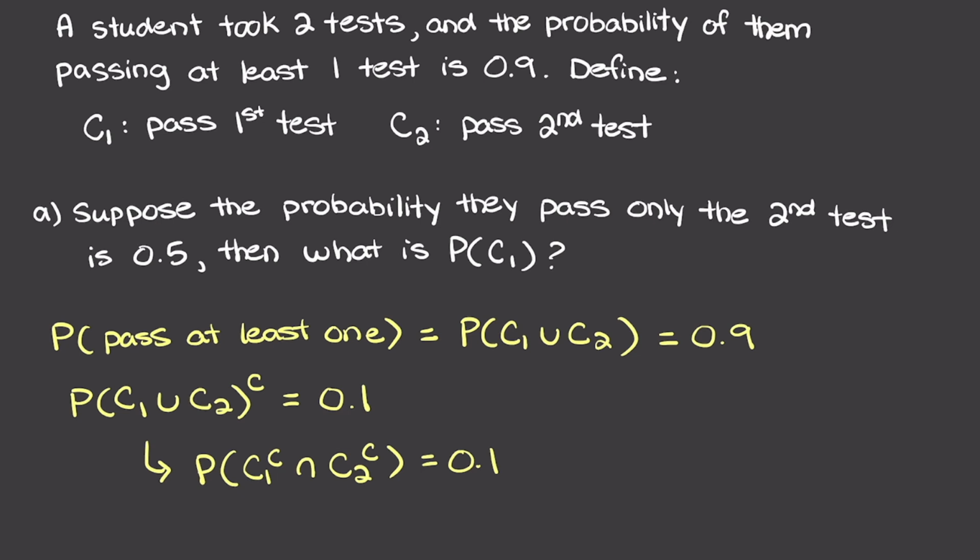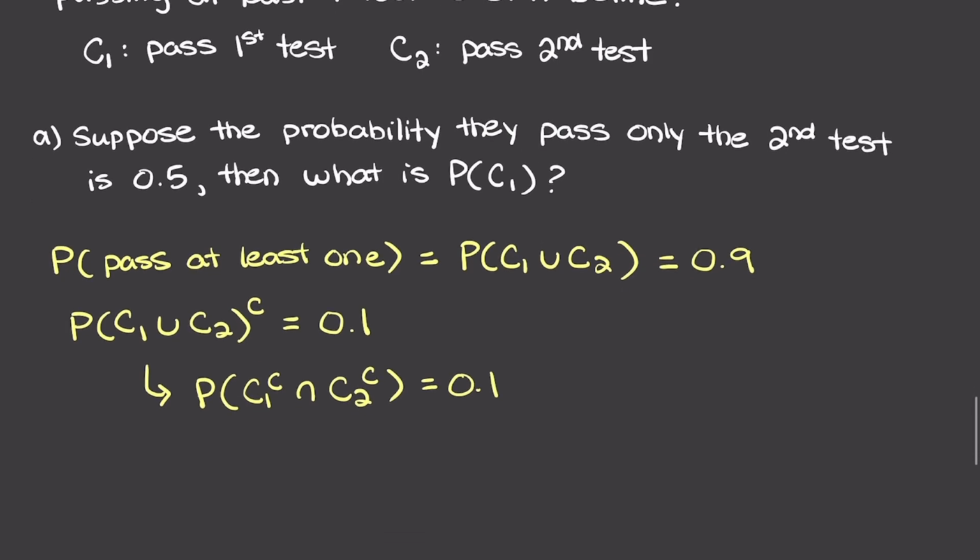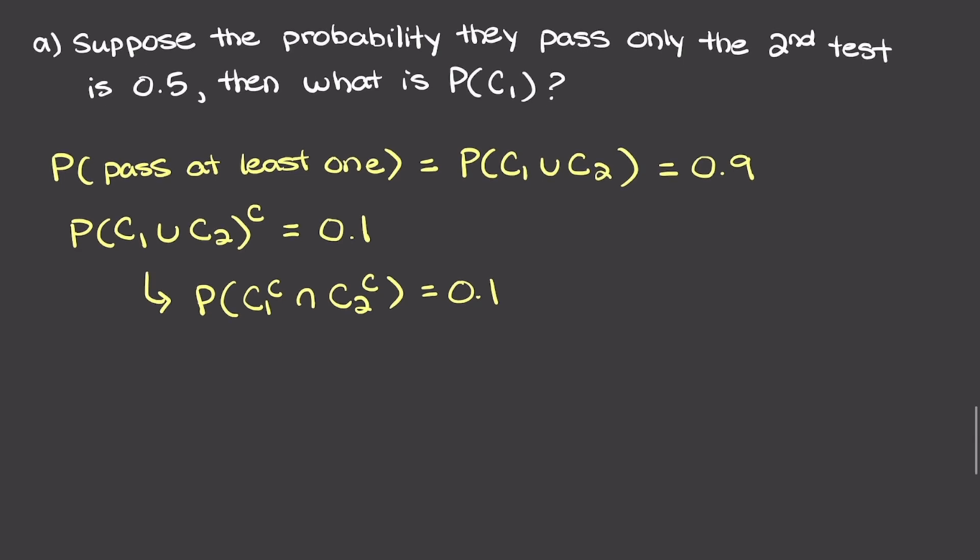Now, the other piece of information we know is the probability that they pass only the second test is 0.5. So what's the probability that they pass only the second test in set notation? Well, if you're only passing the second test, that means you didn't pass the first test. So it's the complement of the first one, intersect the second.